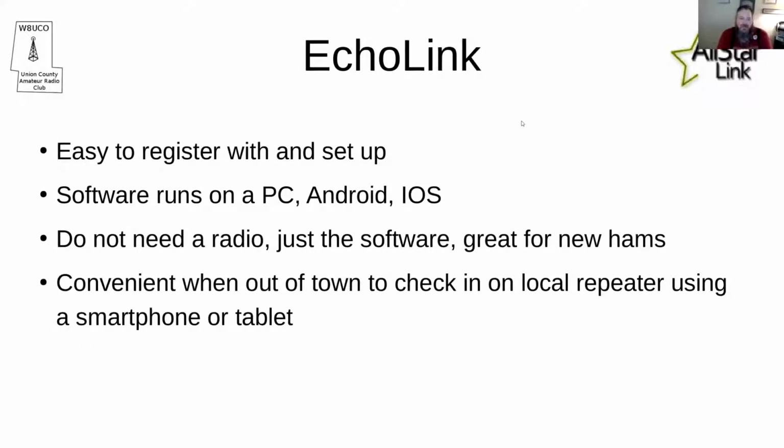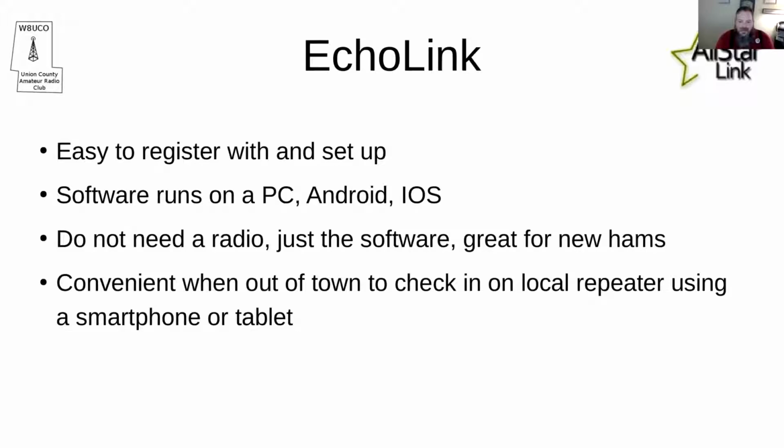Echolink is pretty easy to register with and set up. They have software that runs on a Windows PC and Android and iOS. And if you don't have a radio, using the software, you can connect to repeaters and simplex nodes and talk on them.